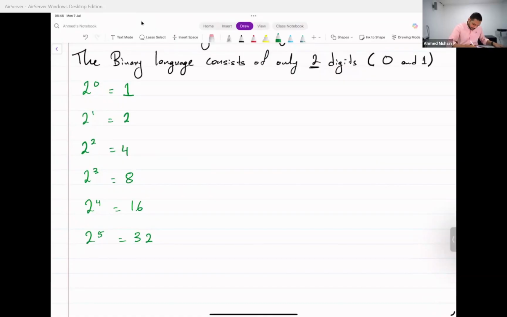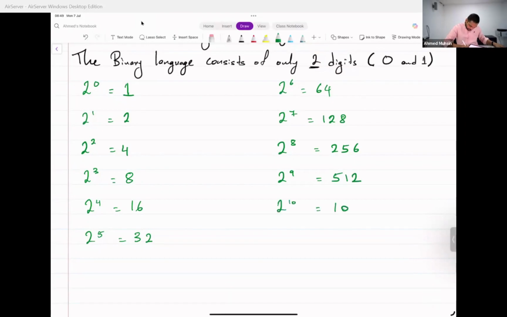Right, keep going. 2 to the power of 6? 64. 2 to the power of 7? 128. 2 to the power of 8? 256. 2 to the power of 9, 512, and 2 to the power of 10, 1024. Did you all take this down? Okay, hurry up, let's take this down.